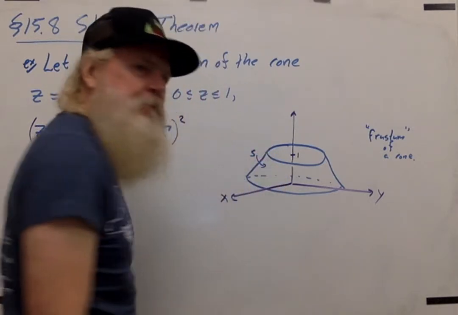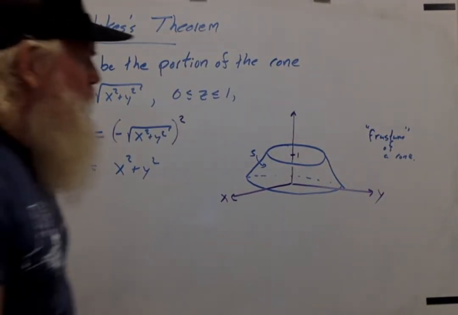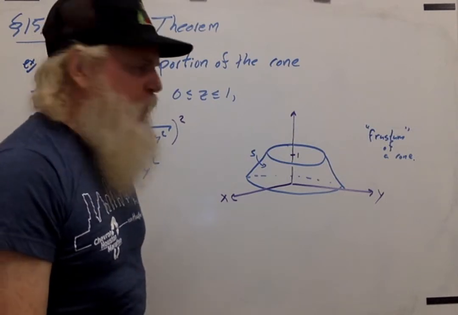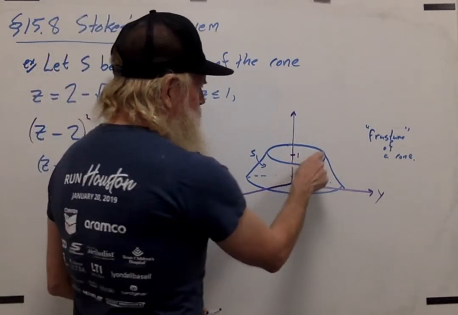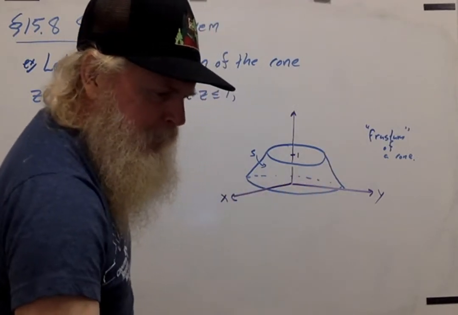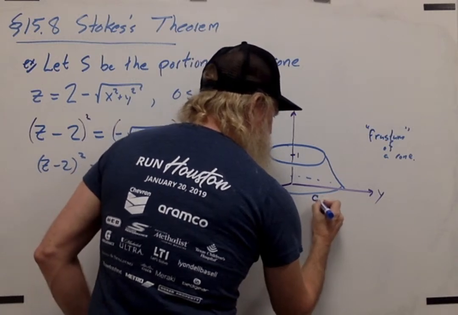And think about how many edges this has. Remember that when I talk about edges, I'm talking about the raw edges from when we cut the overall cone. Well, there are going to be two. There's the one on the top, and there's the one on the bottom. Let's call the one in the xy plane C1.